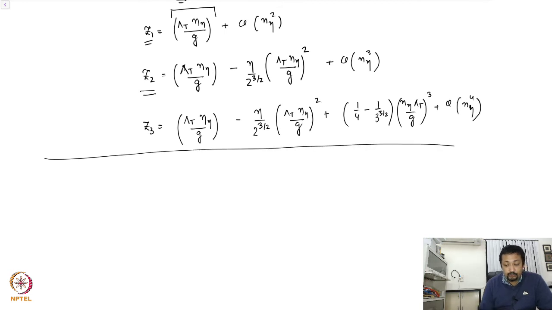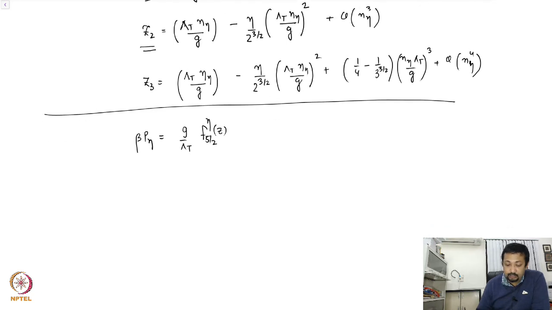Now the idea is to use this and to look at βPη, which was g over λ_T f_{5/2}(zη). So let's see, this is going to be βλ_T Pη over g, which is f_{5/2} of zη over η, and this answer is z.